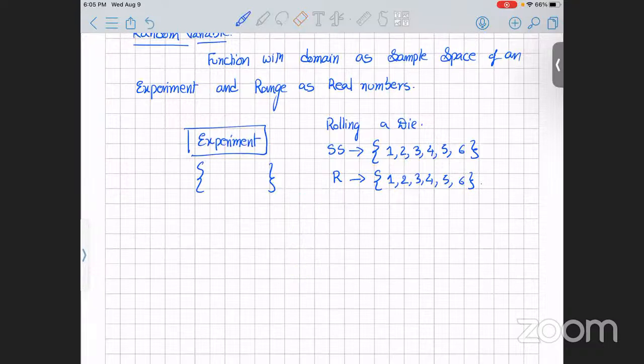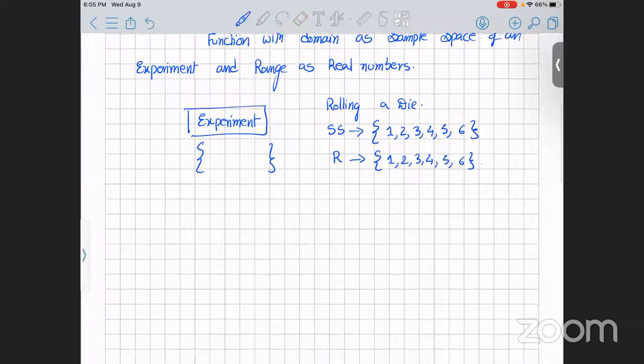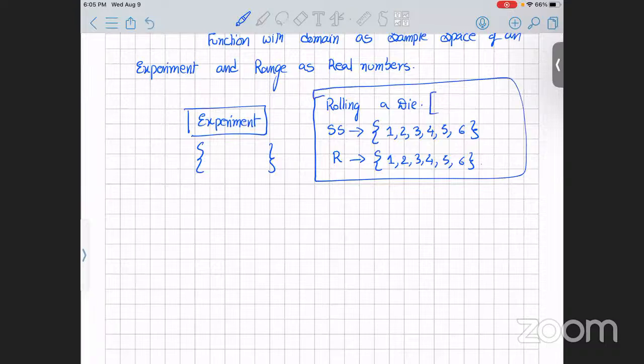Remember this. If you select rolling a die, then the sample space will become this. Based upon the selection of the experiment, the random variable changes.